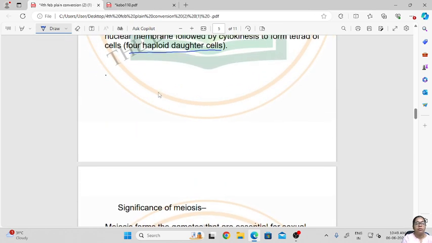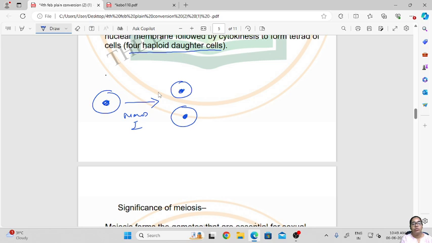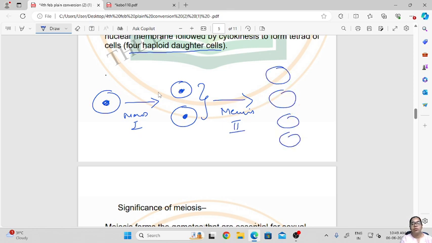So first we had one cell which underwent meiosis 1 and formed 2 daughter cells. After that these 2 daughter cells underwent meiosis 2 and they will form 1, 2, 3, 4 daughter cells. So 2 each.